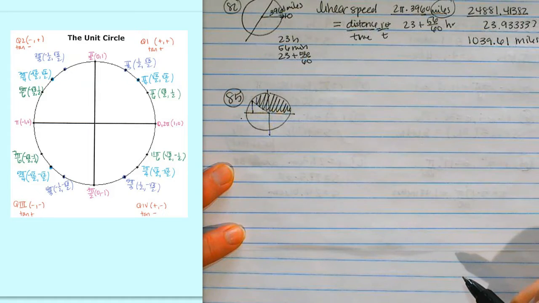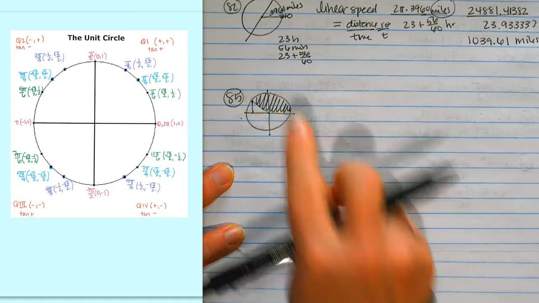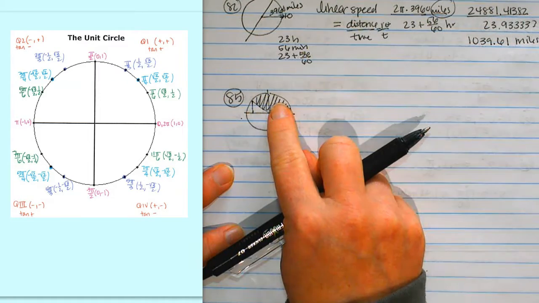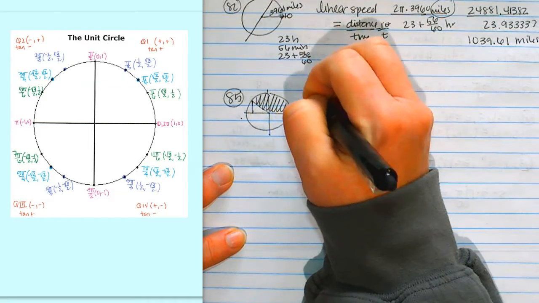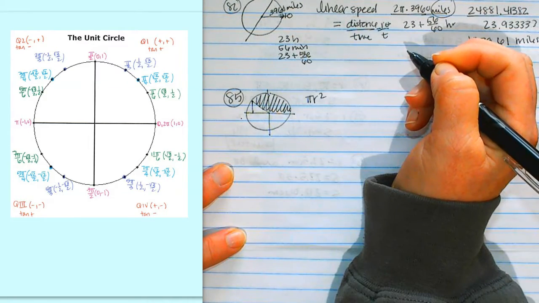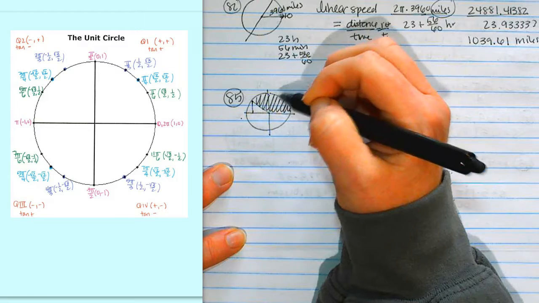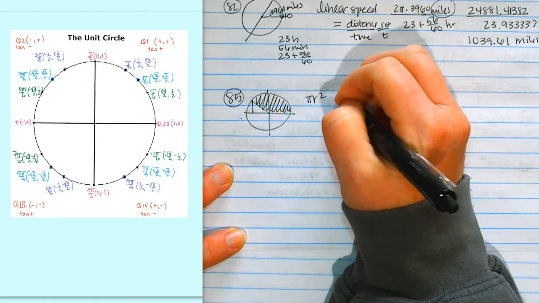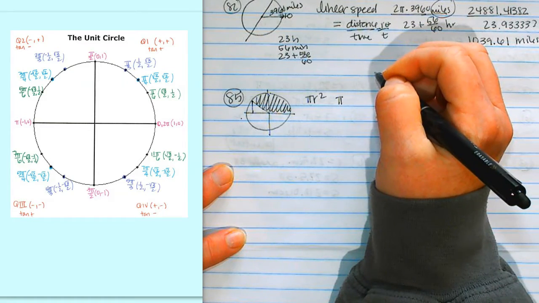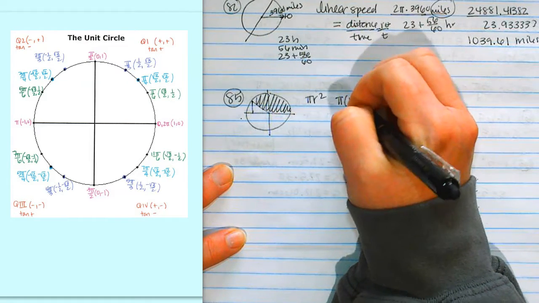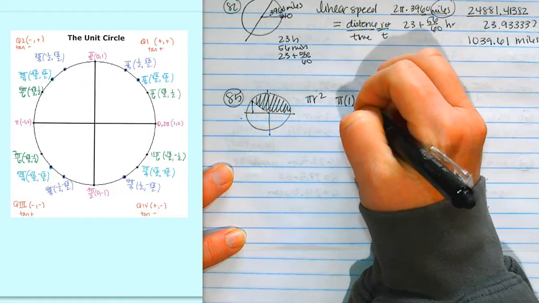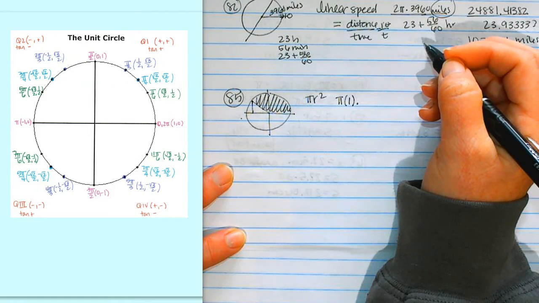For number 85, this is the picture that they give me, and they want me to find the shaded portion of the area. So area of the total circle would be pi r squared, and I've got some portion of that. So I've got pi, in this case r is 1, so 1 squared, times the portion of the circle that I have.